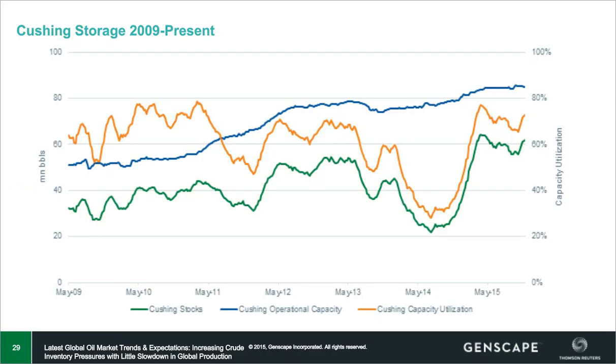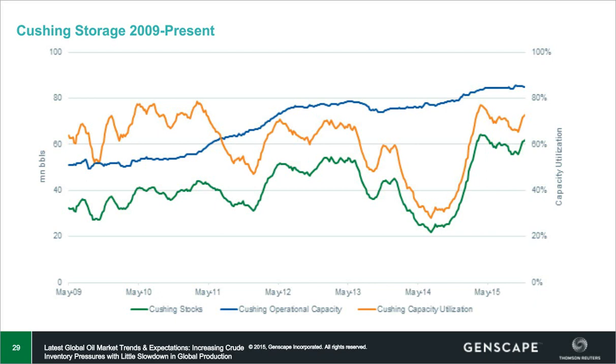If we take a look at Cushing, Cushing has been an important and very interesting story over the last year. Of course, we saw storage build to record levels when we had the constraints and did not have the ability to move all of the production coming out of the Midwest.